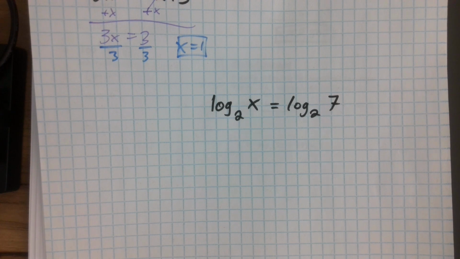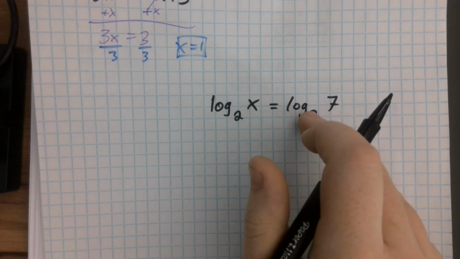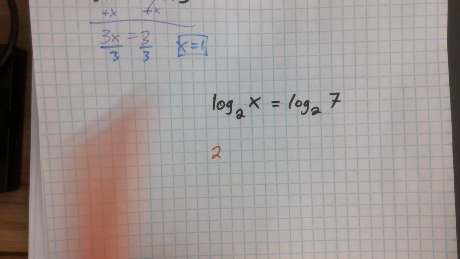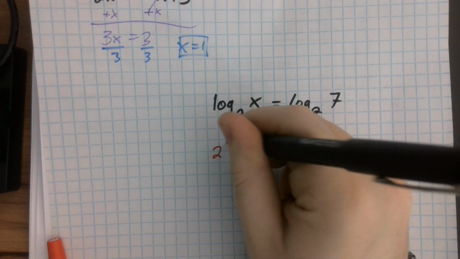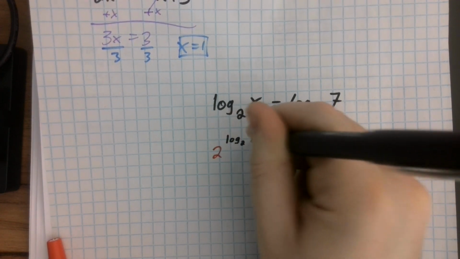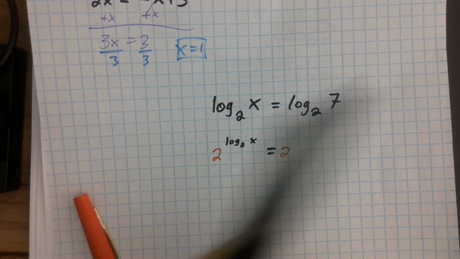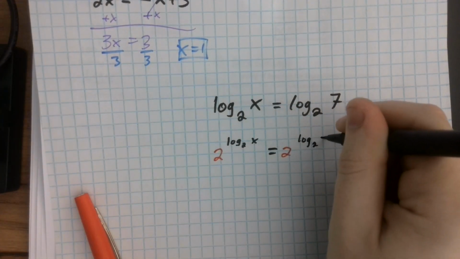Well, remember what we can do to both sides to solve this. If you want to get rid of this logarithm on both sides, can't we just exponentiate both sides? Meaning, turn it into 2 to the log base 2 of x power equals 2 to the log base 2 of 7 power?